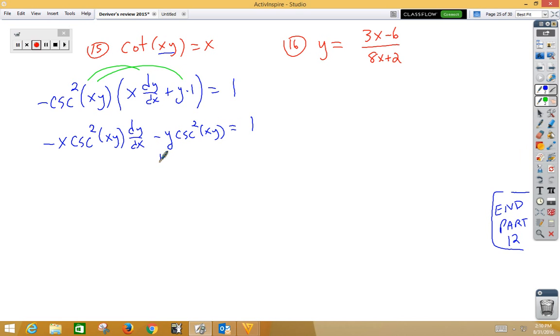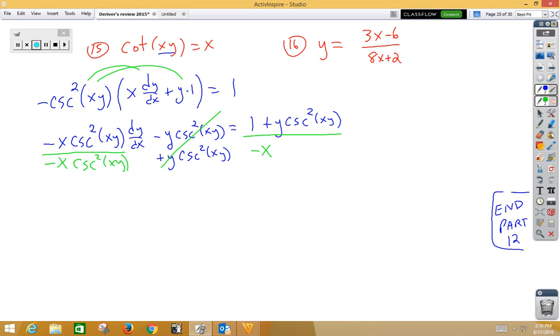We could then move the non-dy dx term to the other side, canceling this out. That would allow us then to divide this negative x cosecant squared xy to the other side. So let's go ahead and divide that.